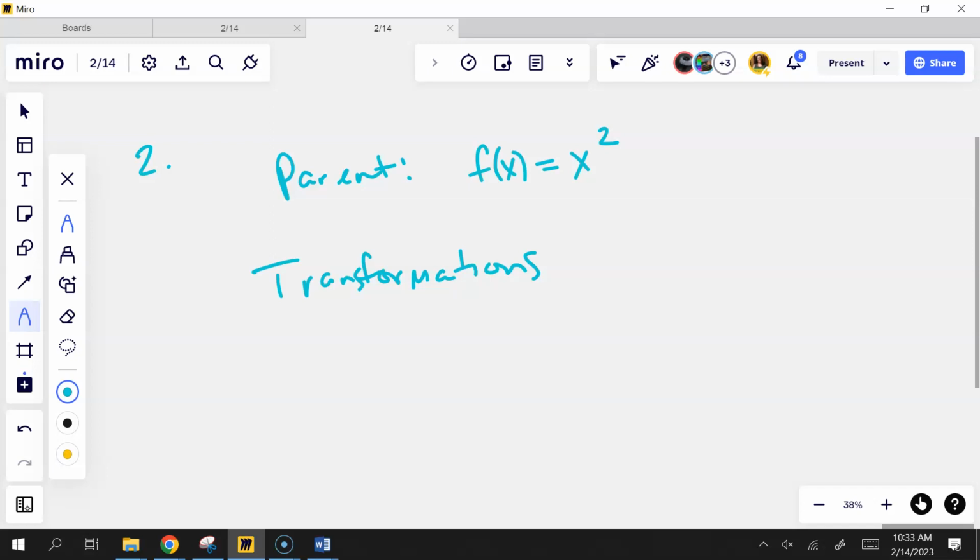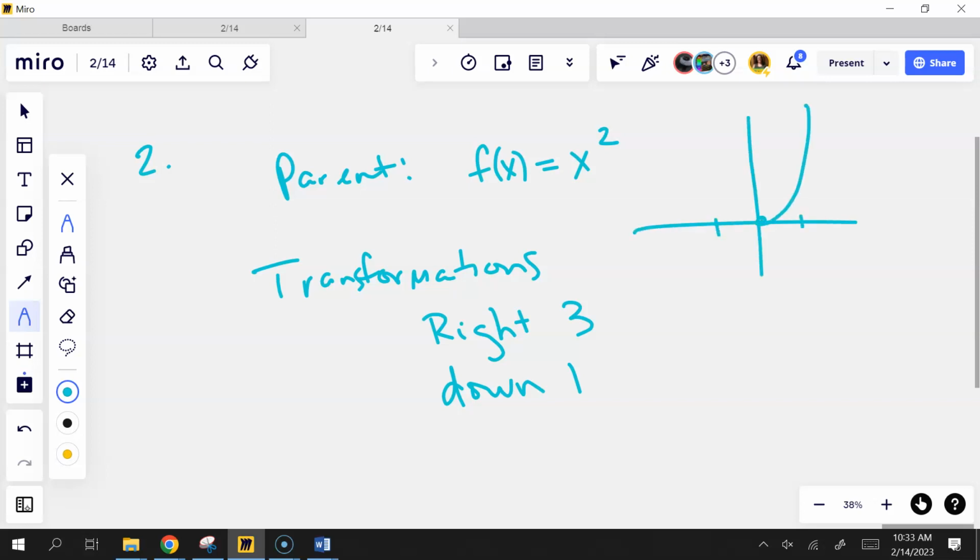Right 3, down 1. Does everybody agree? Look at that graph. The quadratic parent looks like this, 0, 0, 1, 1, and this one looks like it went right 3 and down 1.